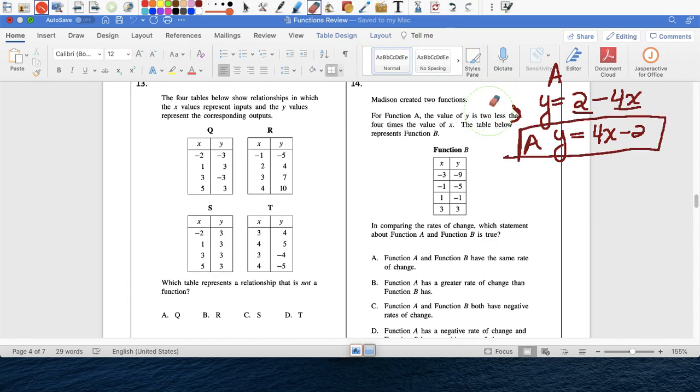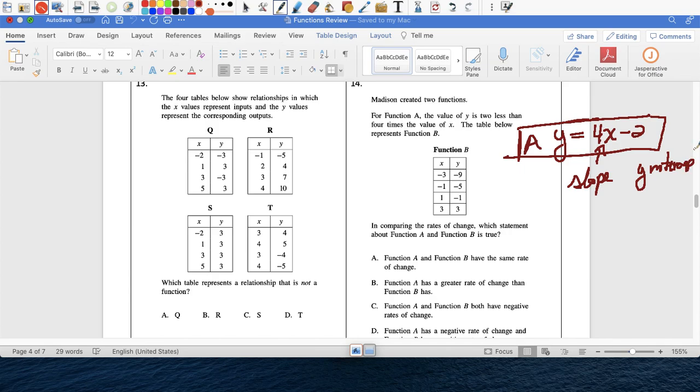Now write it over here. Function A, erase that. In function A, we know that the slope is 4 and the y-intercept is negative 2. Let me put that in a fake setting. I go bowling, and every game is $4. So 4 times the number of games.